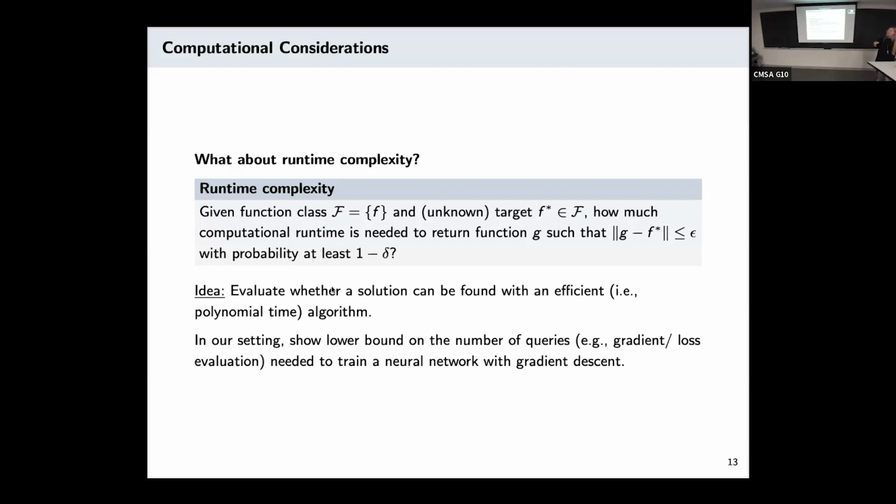Such a step we typically call in this setting a query. So roughly speaking, we are interested in evaluating how many calls to the gradient oracle or to the gradient estimator we need to find a sufficiently good solution to our learning problem.